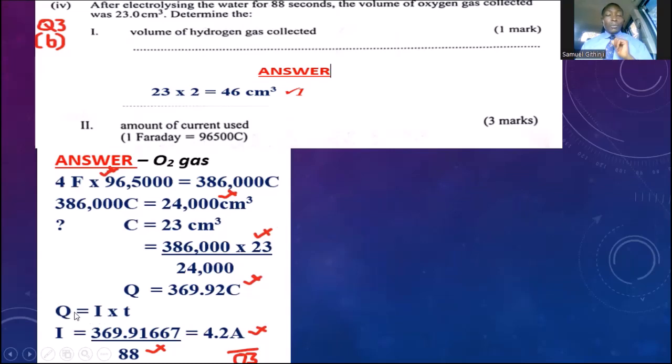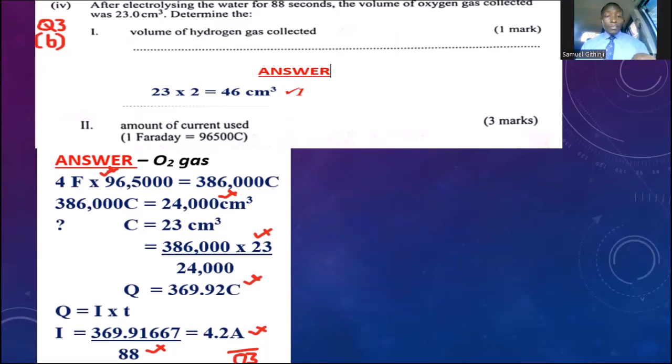Quantity of electricity is always given by current times time. That tells you that current will be given by quantity of electricity divided by time. The quantity of electricity, this figure here, divided by 88, you get approximately 4.2 amperes. That is one way of doing it. Not very difficult, my student, but follow and revise.